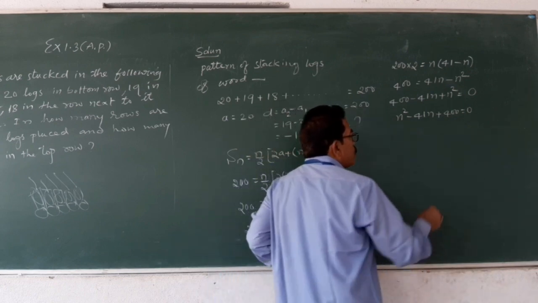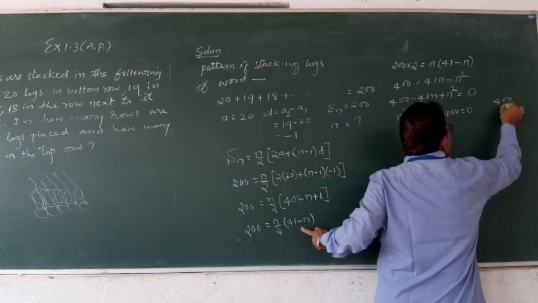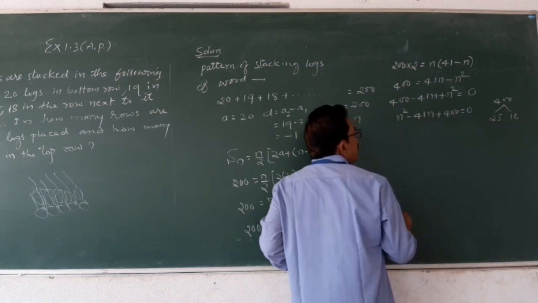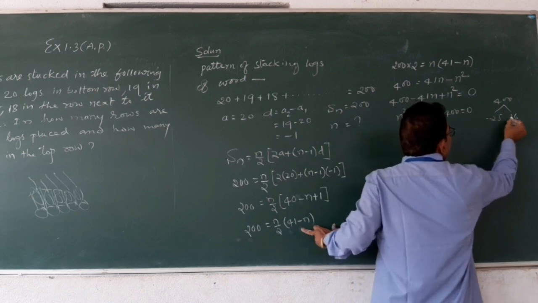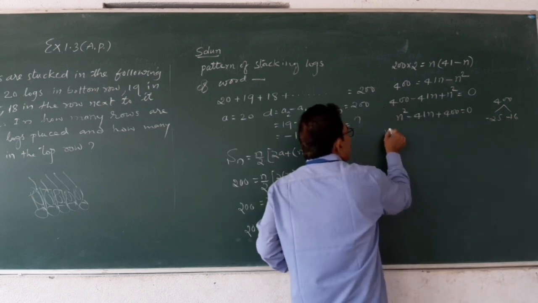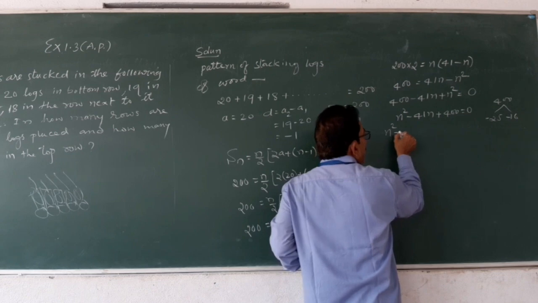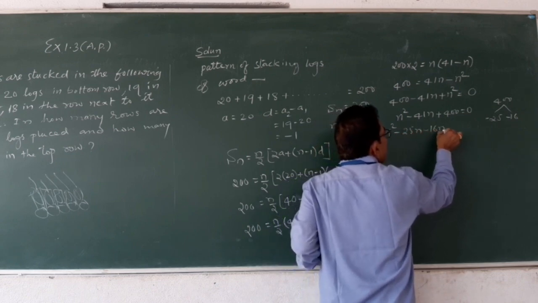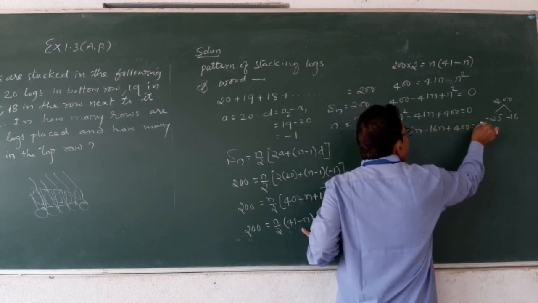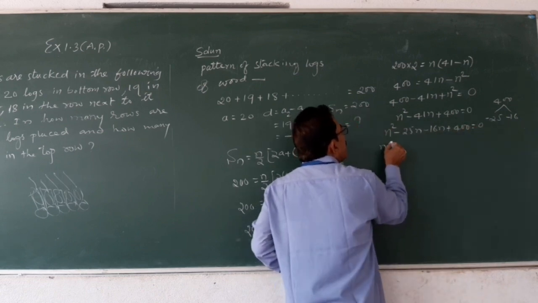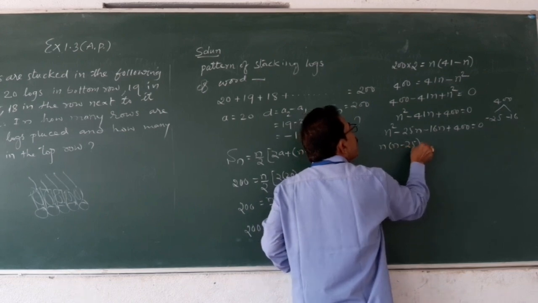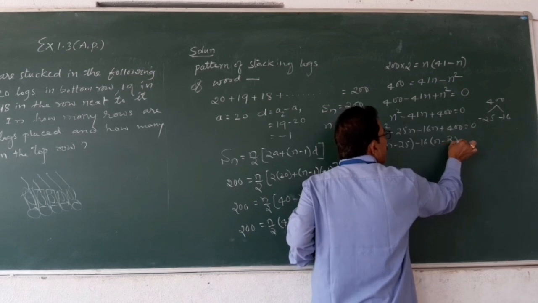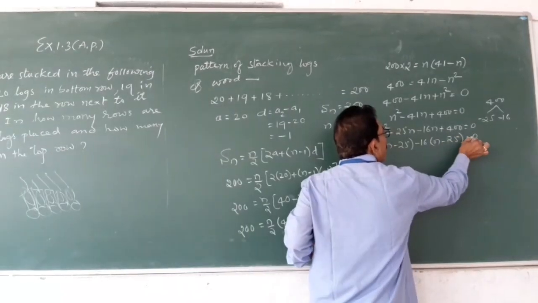So 400 we have to split: 400 equals 25 into 16, that is minus 25 minus 16. n square minus 25n minus 16n plus 400 equals 0. n in the bracket n minus 25, minus 16 in the bracket n minus 25, equals 0.